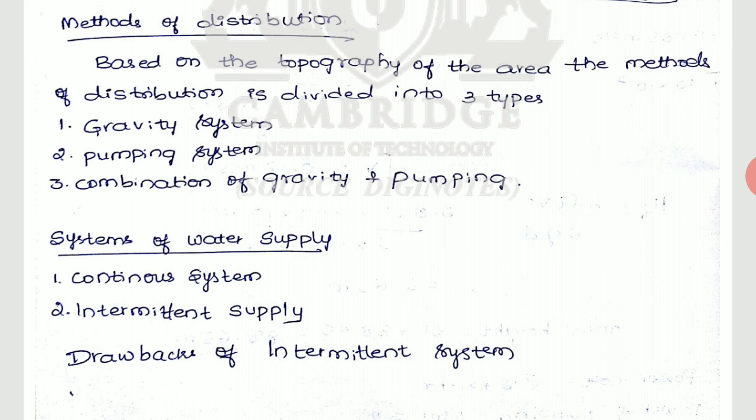In the first one, gravity system, where the one side slope is there we can adopt the gravity system, because if the water source is available at the higher altitude, and the settlement area, or the people who are residing, or the layout, is at the lower altitude, in this topographical condition we can adopt the gravity system.